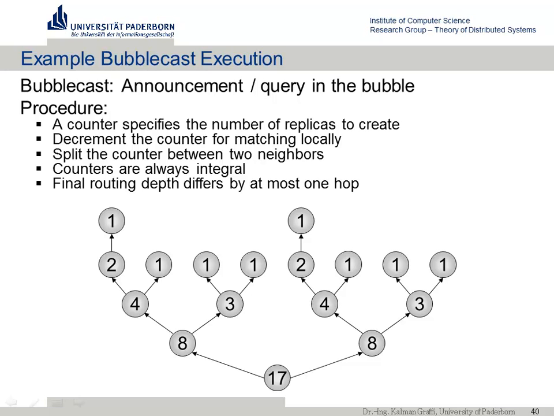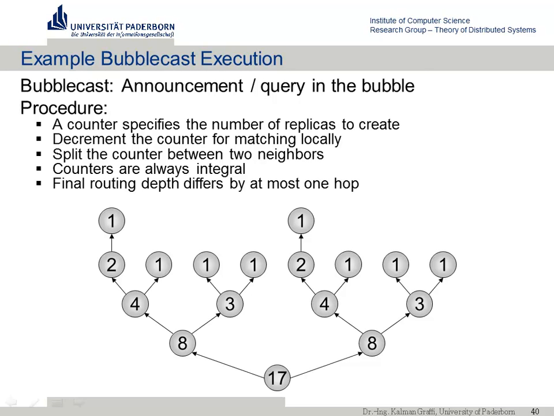And what has also been done is that the routing depth, that means how far the message went, differs by at most 1 hop. And that's a good thing, because the longest route to my node is at most logarithmic in the bubble size.